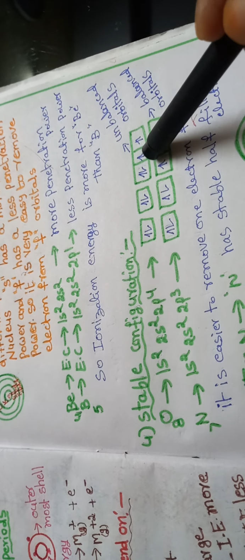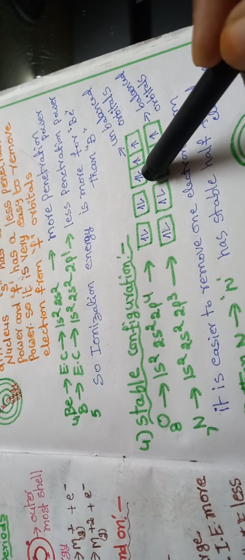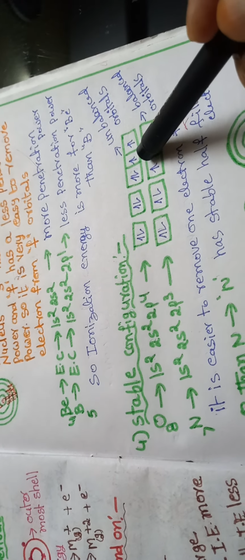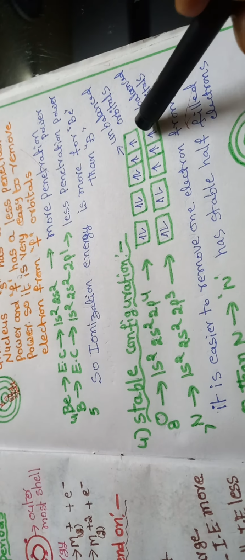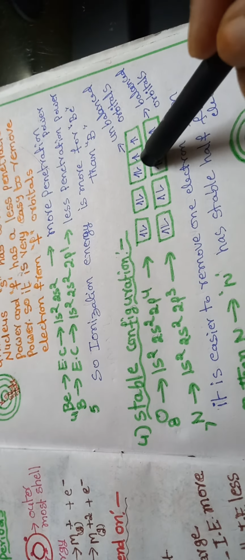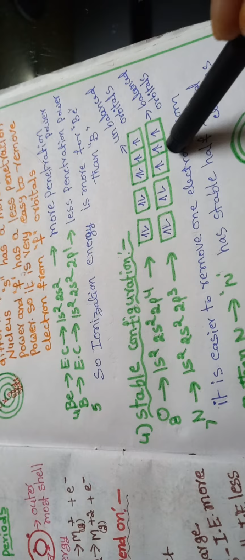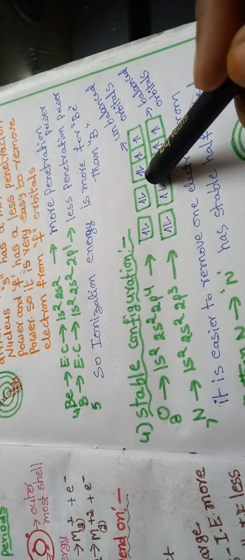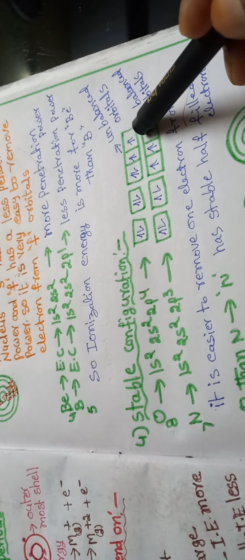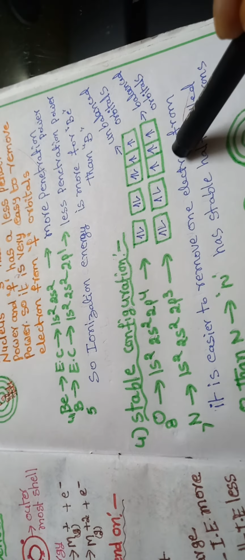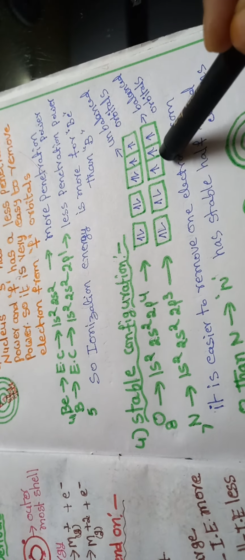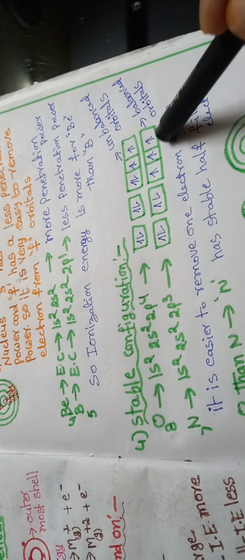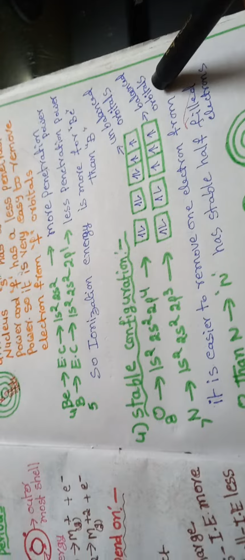In oxygen, the first p orbital is filled with a pair and the next two have unpaired electrons, so there is a difference between these p orbitals. It is unbalanced. But in nitrogen, each p orbital has the same number of electrons, so this is called balanced orbitals.